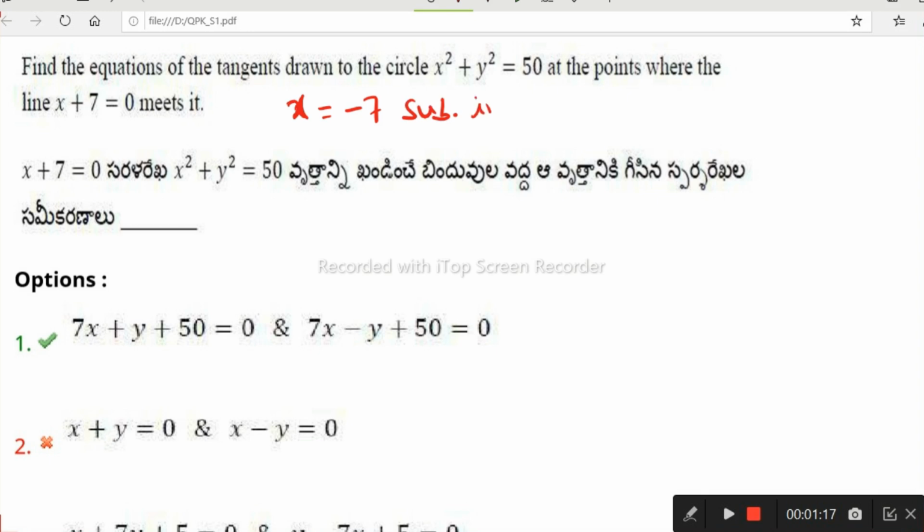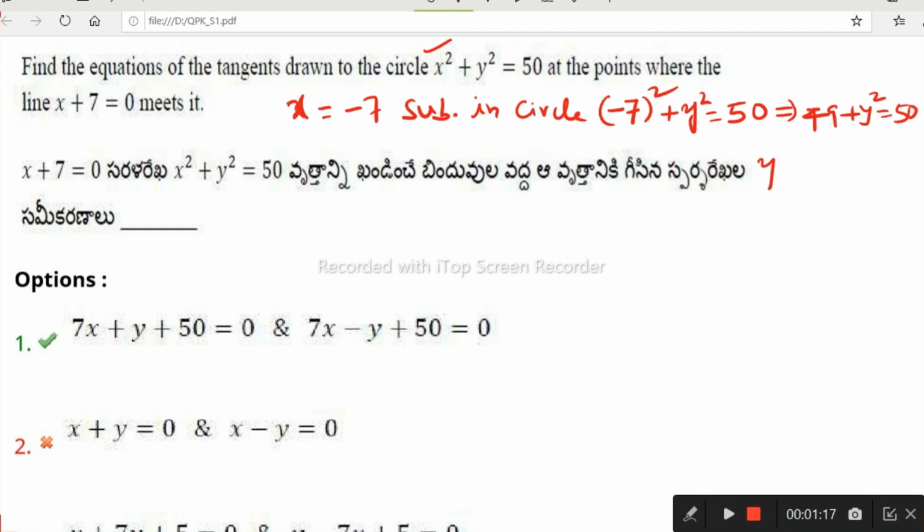Substitute in the circle. What is the given circle equation? x square plus y square is equal to 50. In place of x I'm writing (-7) whole square, and y square is as it is, equals 50. I'm solving these two first of all to find the points. From this one, (-7) whole square is 49. 49 plus y square is equal to 50, right?